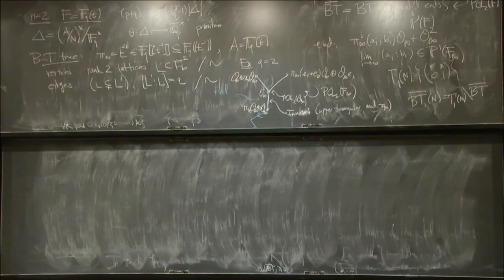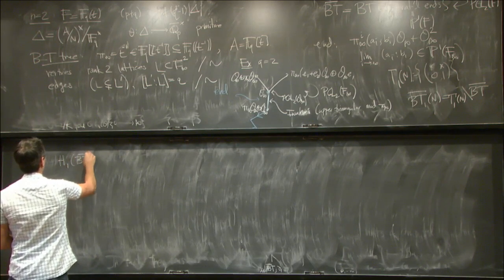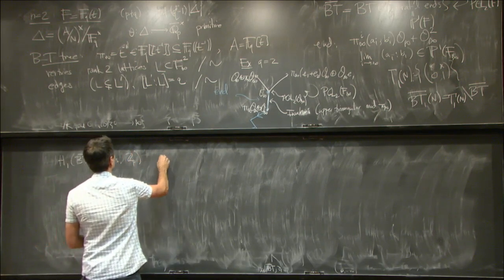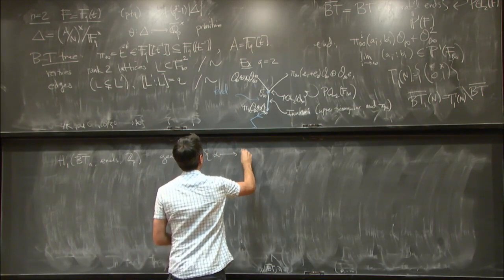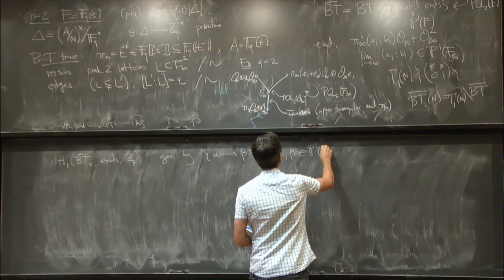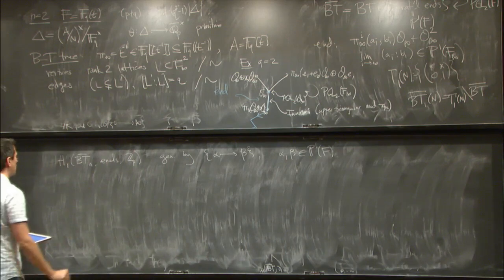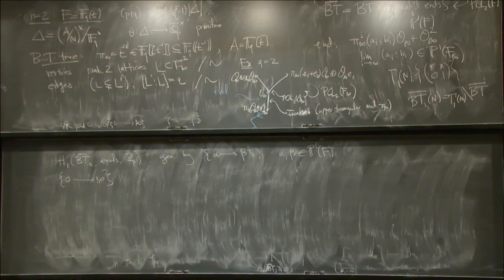And so H1 then of BT bar n relative to the ends, the CP coefficients, if you like, is generated by alpha beta, where alpha and beta are in P1 F. So it's like a union of two ends. OK, but we have, of course, the standard class, which is just 0 to infinity. And you can check that it's the same as what I wrote before.